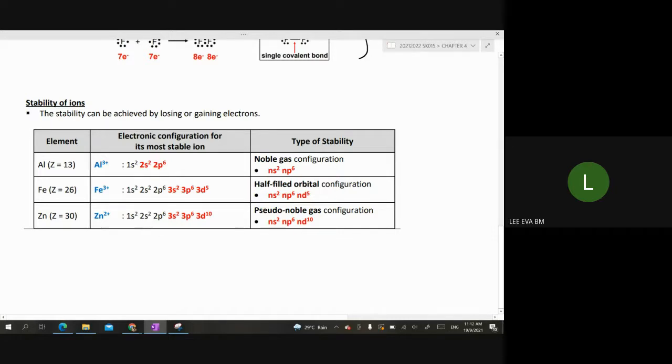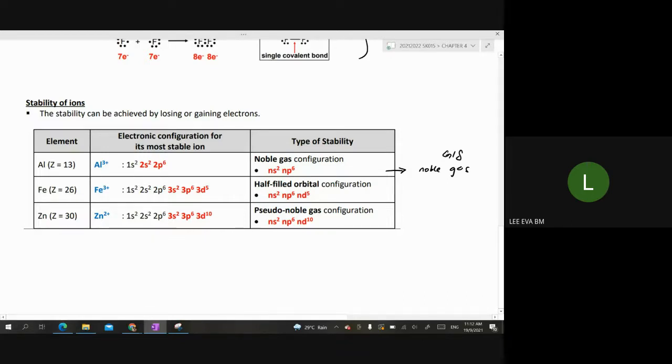The first one is the one that you used before, we call it noble gas configuration. That means your valence electronic configuration will look like the noble gas, whether it is helium, neon, argon, krypton, xenon, group 18.